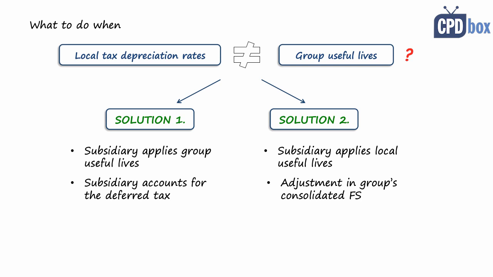When the subsidiary prepares that reporting package for the consolidation purposes, it will make the adjustment to align useful lives with the group's policy, and again, the deferred tax would be required in that consolidation package.